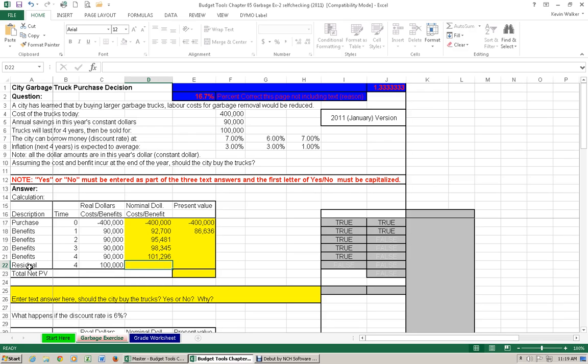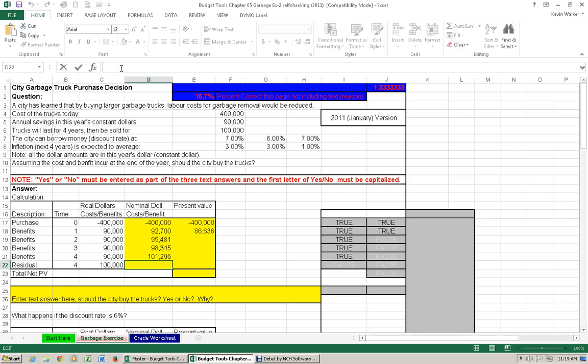We've got to account for the residual value. Sometimes they just say, well, we're going to sell it for $100,000, so I'll just put $100,000 in here. Well, remember, this is 4 years down the road, and what does that $100,000 look like in today's dollars? To get everything to work out right, we need to actually address that.